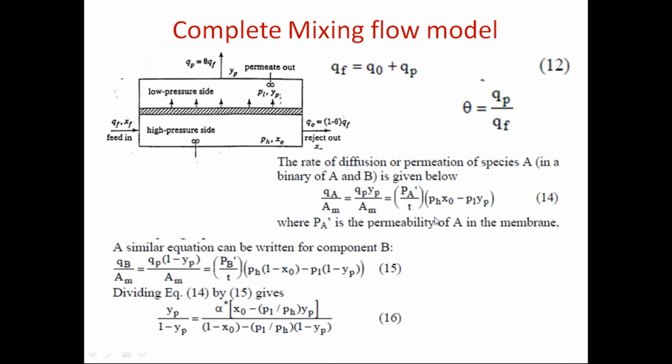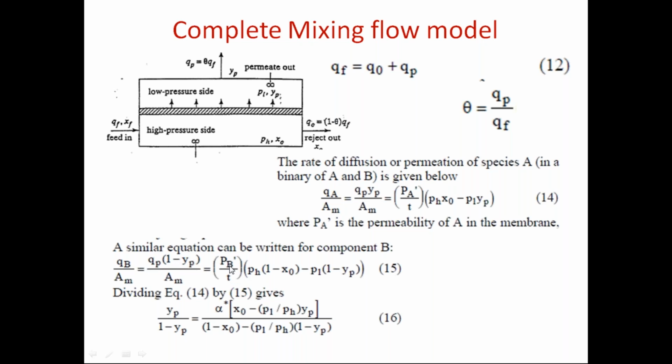So this is the equation which you can write for component A. Similarly, if only two components are there, component A and component B, that is a binary mixture in the feed, then again for component B you can write this equation, where in place of Yp you can put 1 minus Yp. Because the concentration of A plus the concentration of B in the product is equal to 1, therefore 1 minus Yp will give the concentration of the B component.